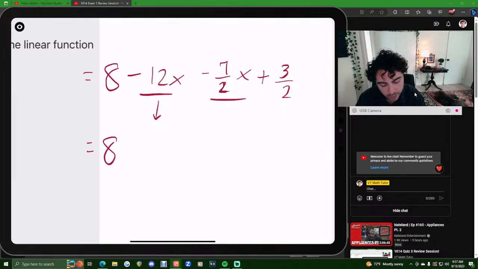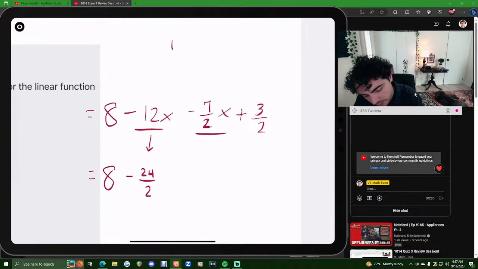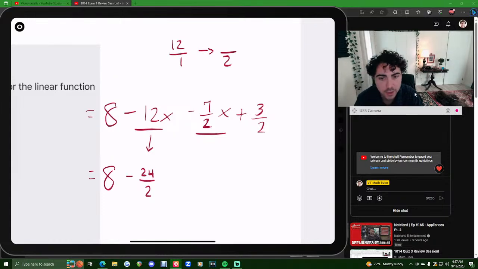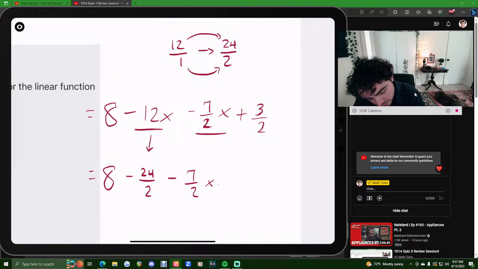So if the denominator over here is 2, how do we convert 12 to have a denominator of 2? Well, you think about what divided by 2 gives you 12. 24. You could also think about it as like if it was originally 12 over 1, you're converting it to something over 2. 1 times 2 is 2, so 12 times 2 is 24. However it works, however you want to do it, whatever. However it helps, I guess.